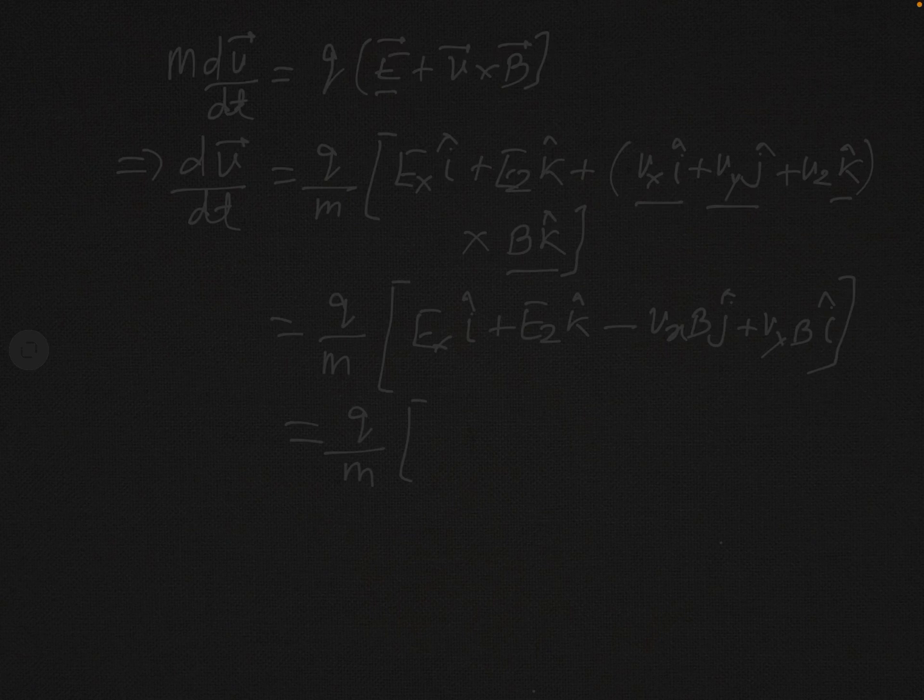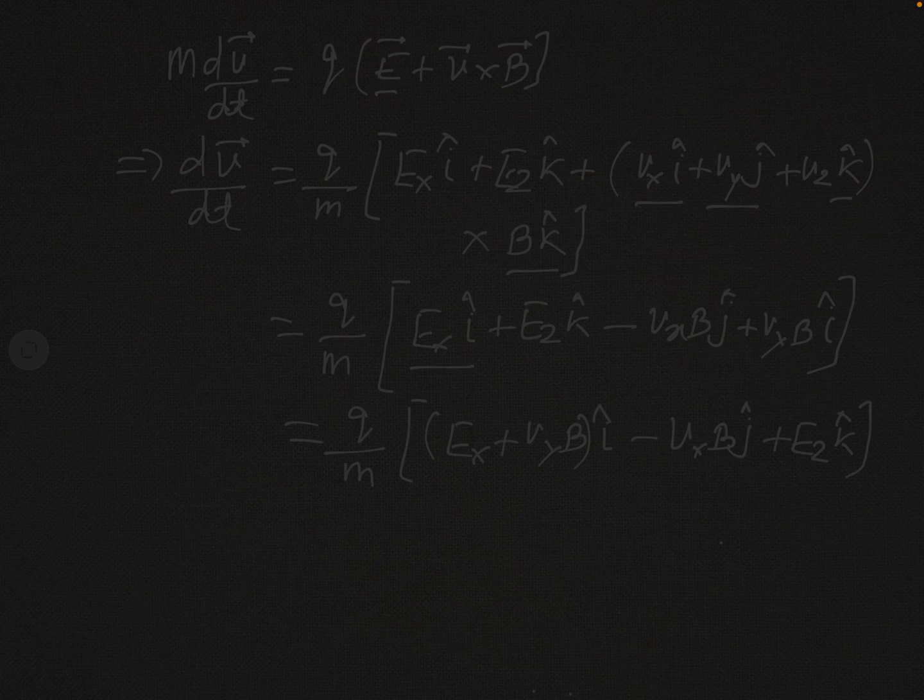So you can see Ex i plus Vy B i, which can be written as Ex plus Vy B i, minus Vx B j, plus Ez k.